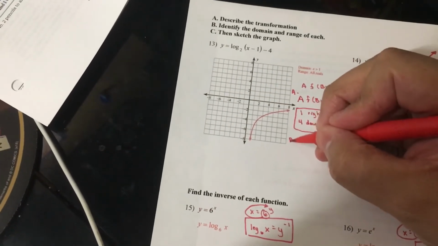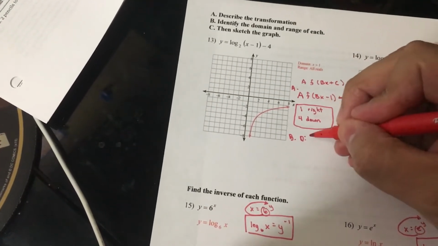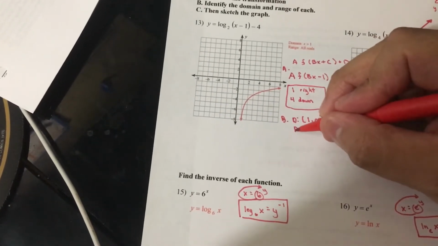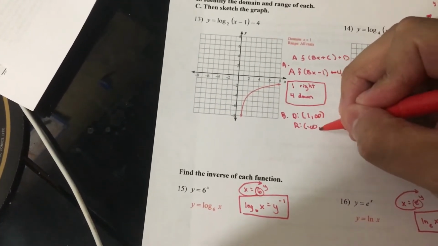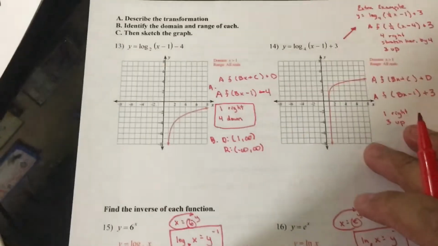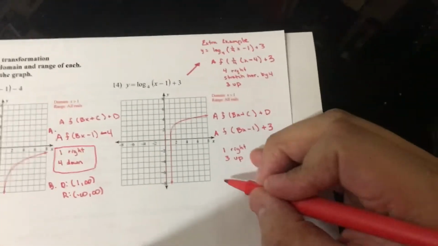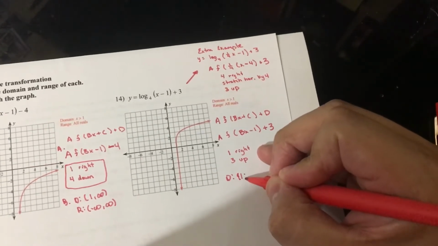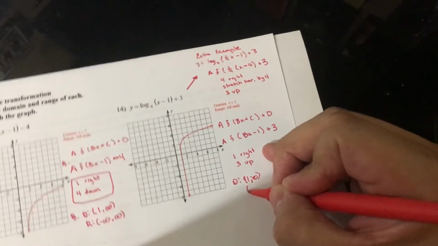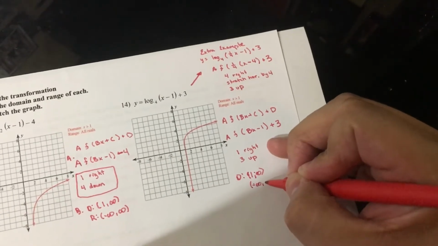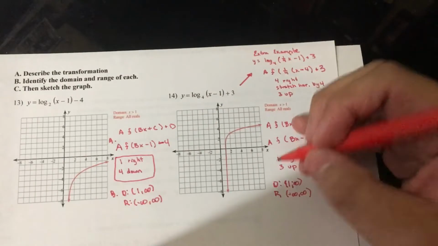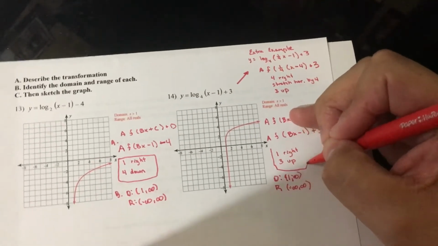And for part B, the domain here was, like we said in the other problem, 1 through infinity, and range was negative infinity to infinity. And over here, the domain is also 1 to infinity and negative infinity to infinity in the range. Okay, this is my transformation.